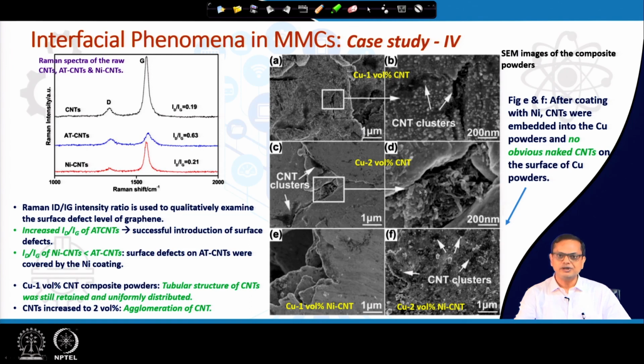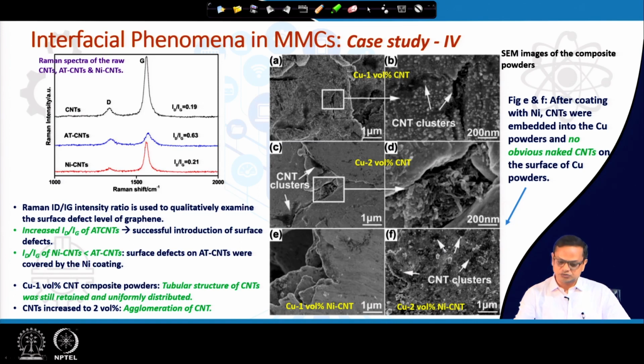Okay. And these 2 images are coming from nickel treated CNT, or nickel deposited acid treated CNT. So, here, for 1 volume percent and 2 volume percent, you do not really see any carbon nanotubes. Open or naked carbon nanotubes are not that well visible here, and that is happening because now the carbon nanotube particles have been coated by nickel.